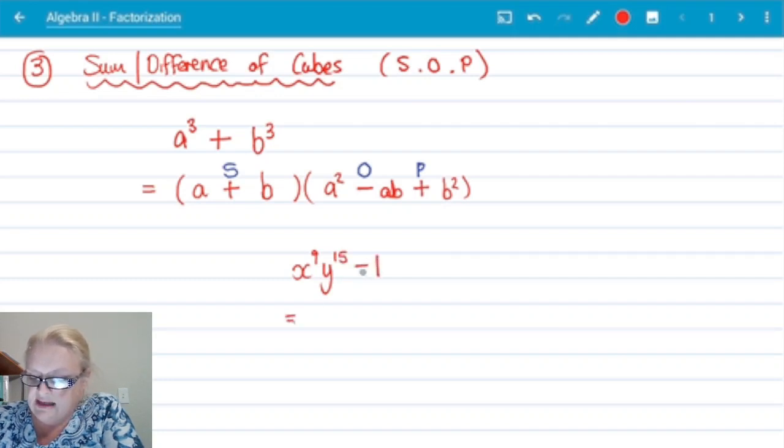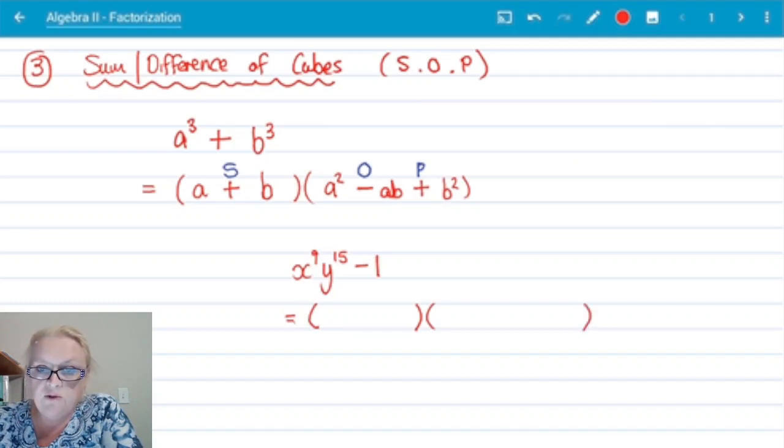This is a sum or difference of two terms of which both are cubes. All right? One is 1 cubed, and each of these exponents is divisible by 3. So they're definitely both cubes. We'll open up a small bracket and a big bracket.